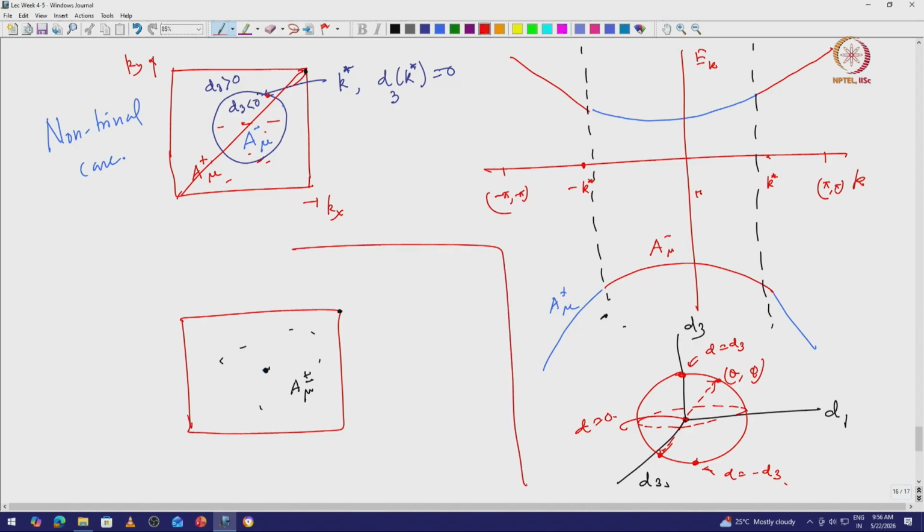For trivial case, you will have it somewhere here, because D3 is not changing sign. So, in fact, D1, D2 change sign. So, you should go through this.